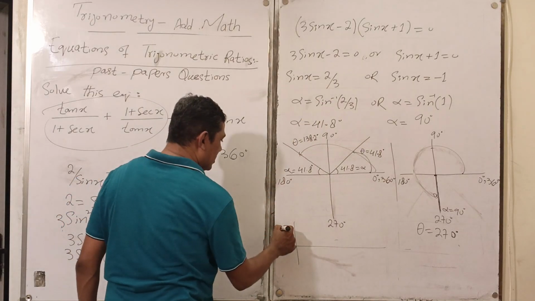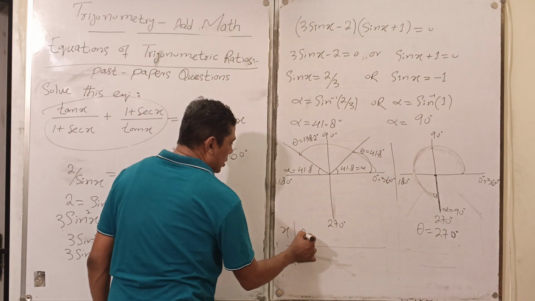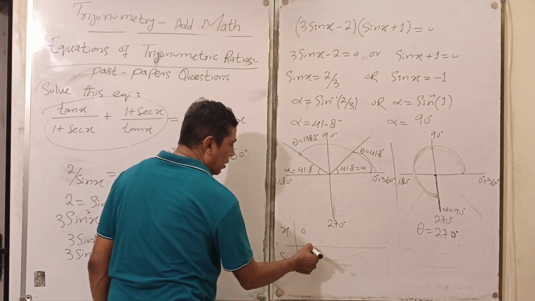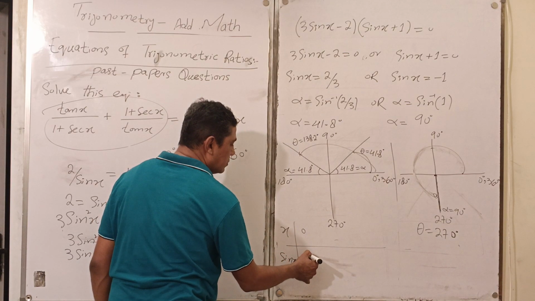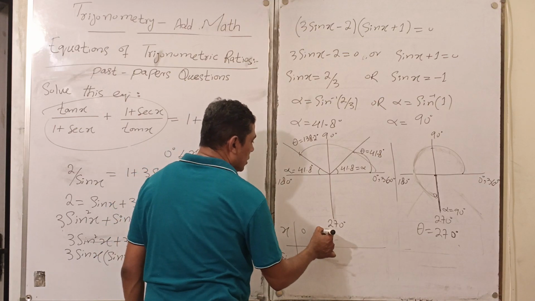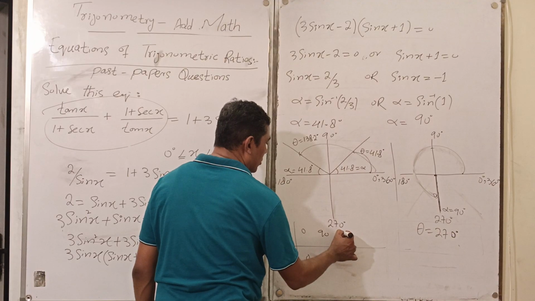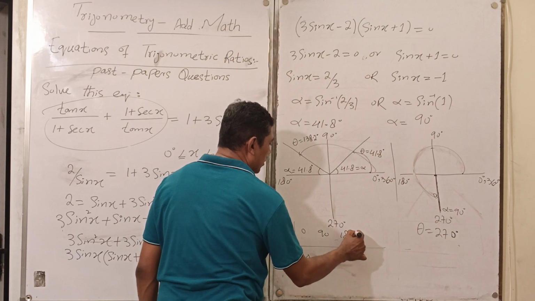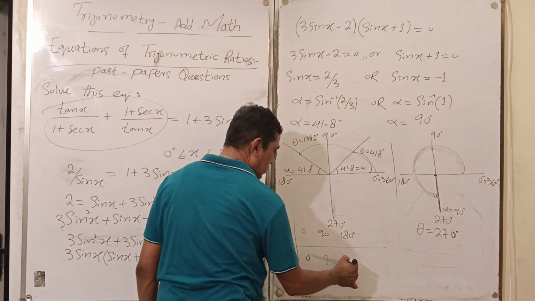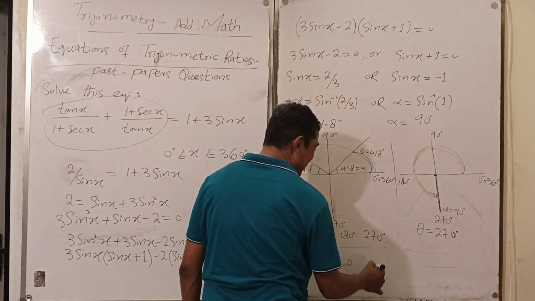Sine x when 0, what was the value? At 0 it is 0. At 90 it is 1. And what about 180? It is 0. Okay, what about 270? It is -1.